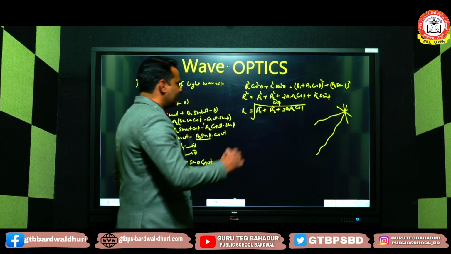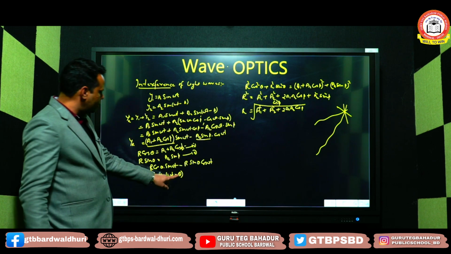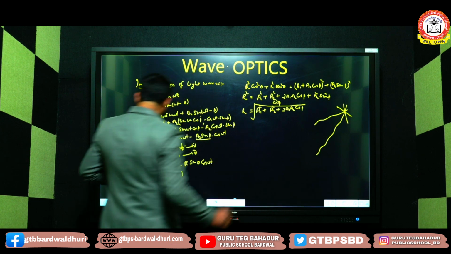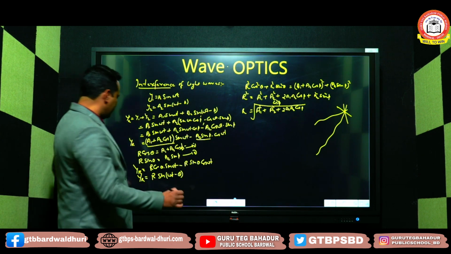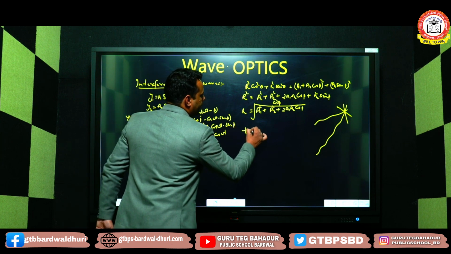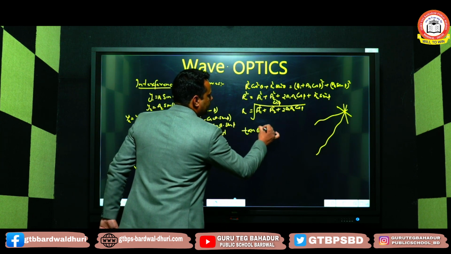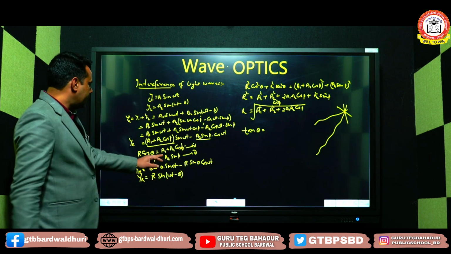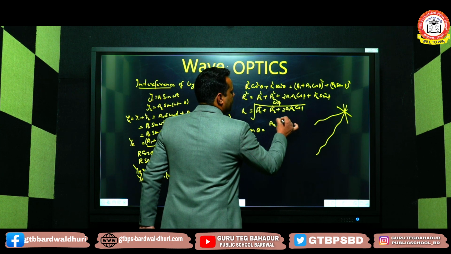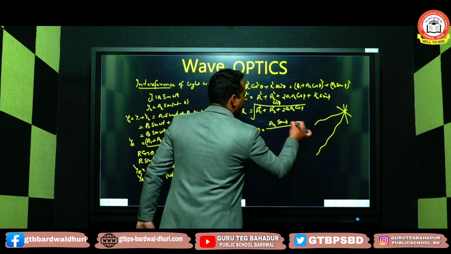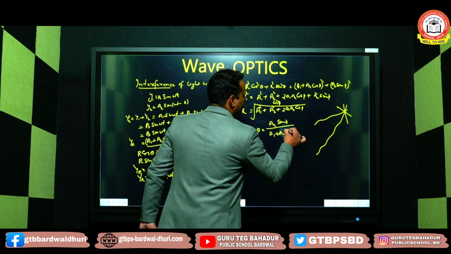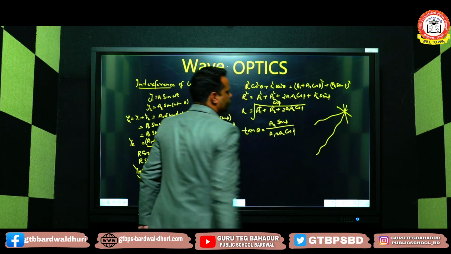In the same way we can find out the value of theta also by dividing our equation 1 and 2. If I divide the second equation by the first, I will get r sin theta upon r cos theta, and it will be tan theta, which is equal to a2 sin phi upon a1 plus a2 cos phi.